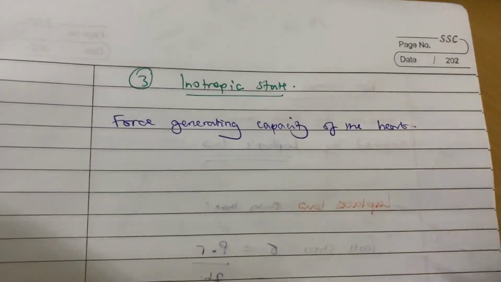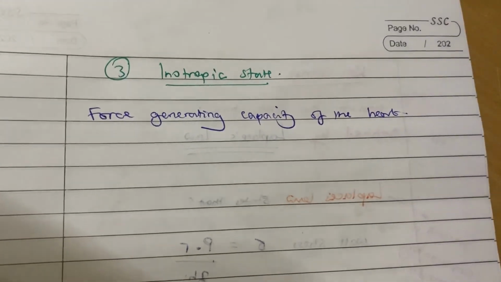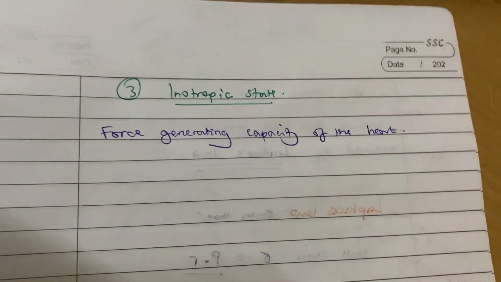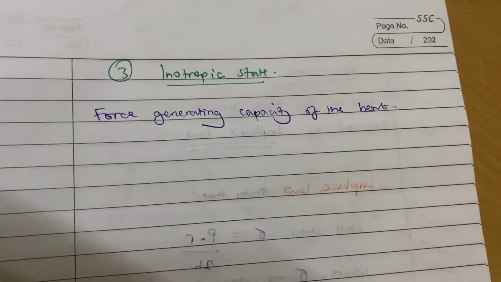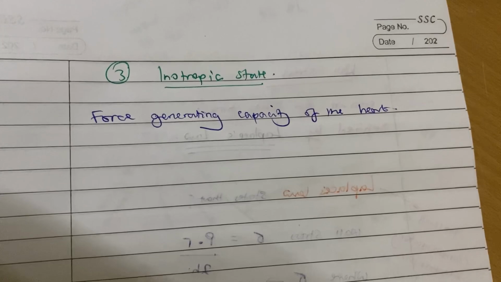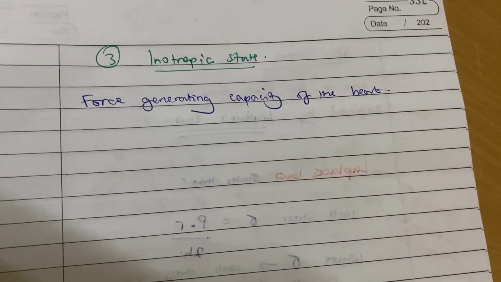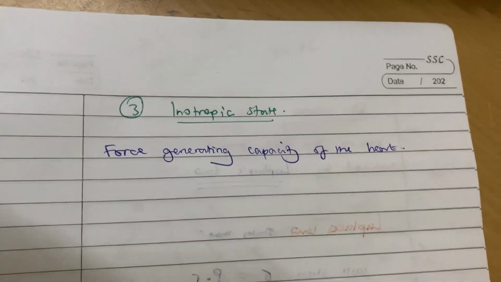Afterload may be normal in the normal heart, normal systolic BP, no aortic stenosis. Preload may be normal, no dilatation, no regurgitation, but inotropy. We have things or medications that decrease the inotropic capacity of the heart, and those that increase.